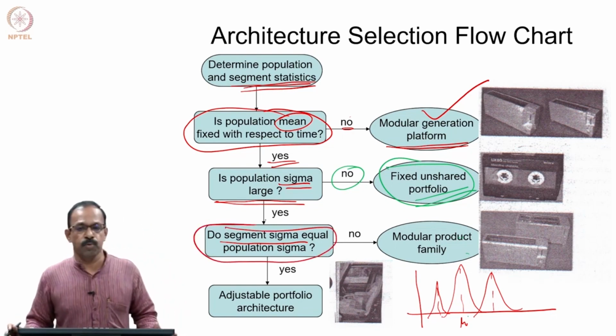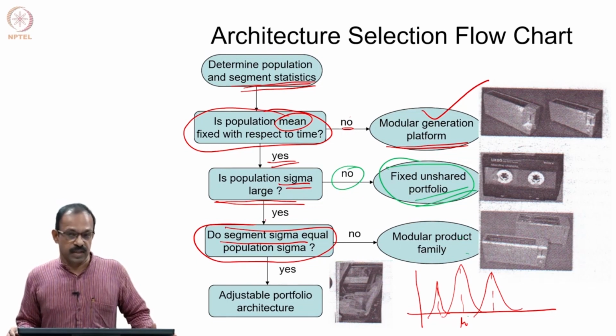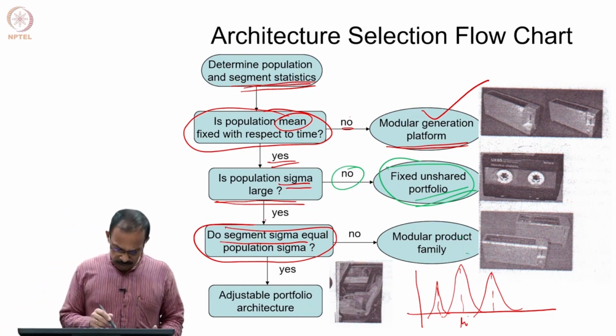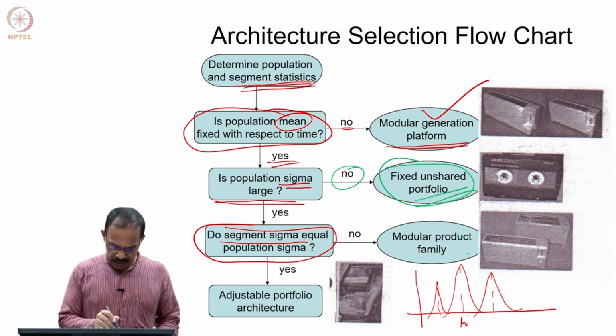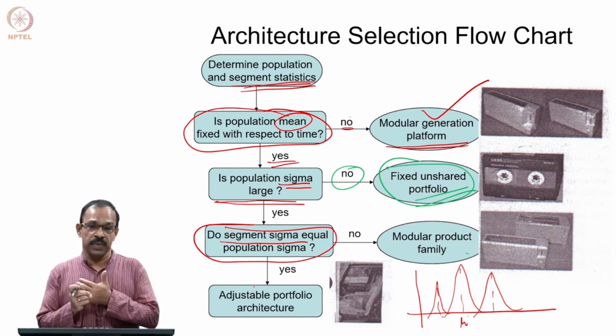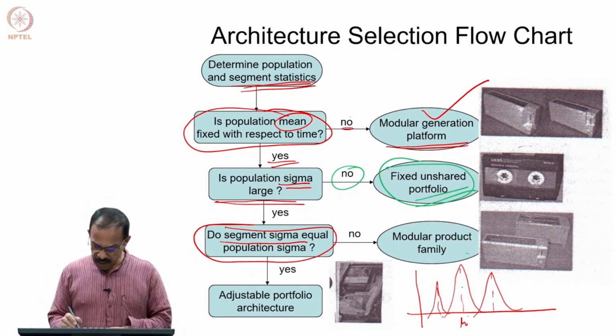If segment sigma and population sigma are the same, that means the variation within the population and within the segment are the same. That means even if you take a segment, within the segment also there is a large variation.